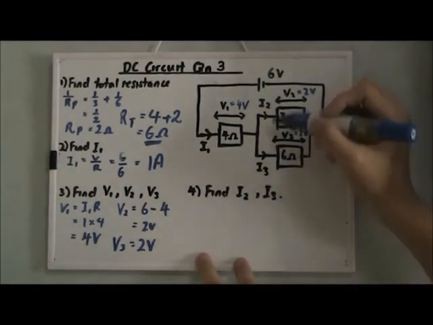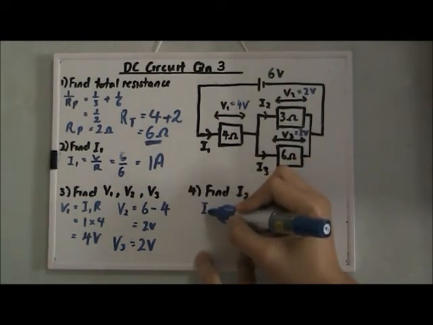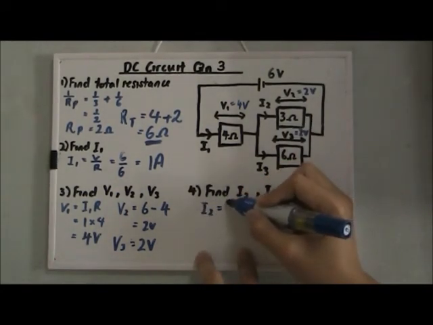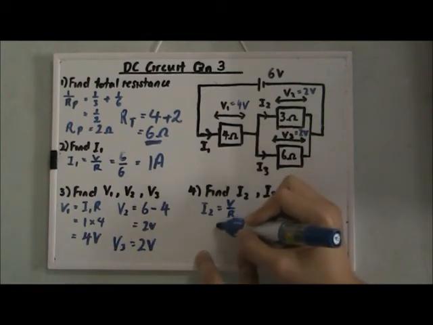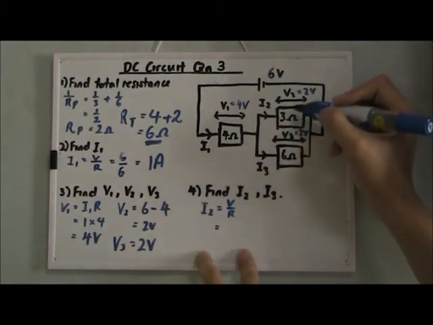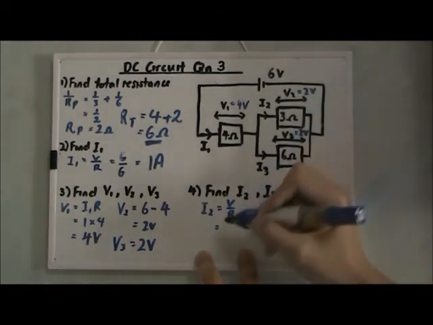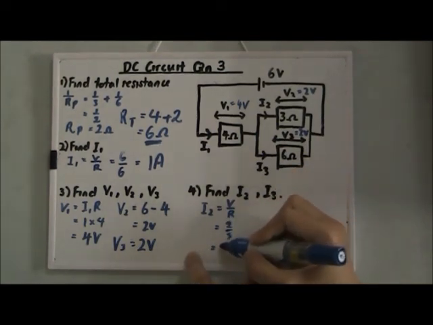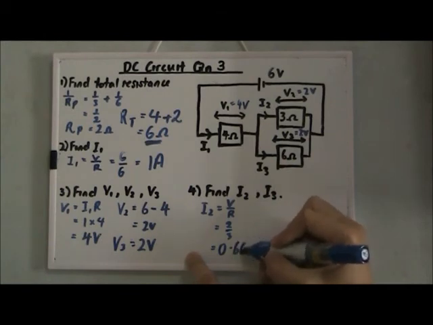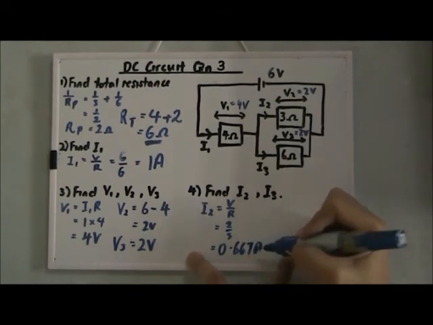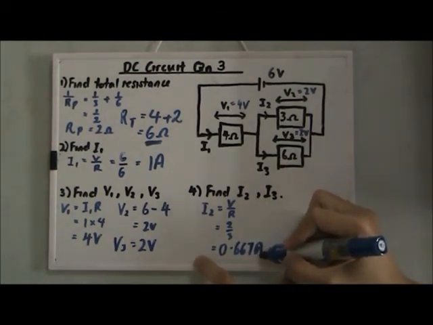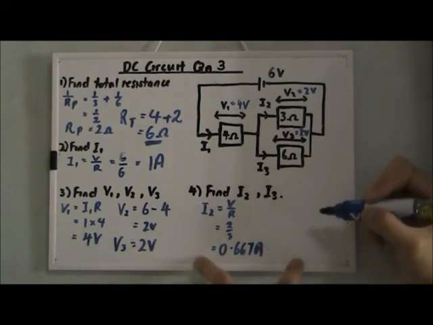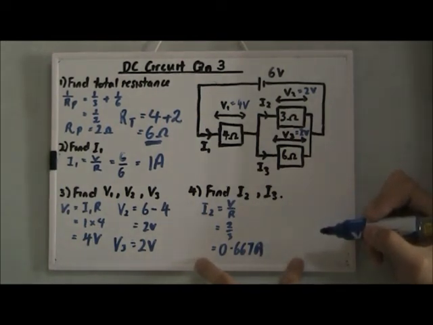We can find what is I2 and I3. I2 will be equal to V over R, and the voltage across the 3 ohm will be 2 volt, so 2 over 3, so we will get 0.667 ampere. For physics, please be reminded to put your answer in decimal, corrected to 3 significant figures.